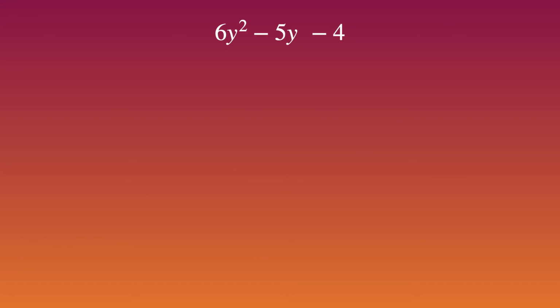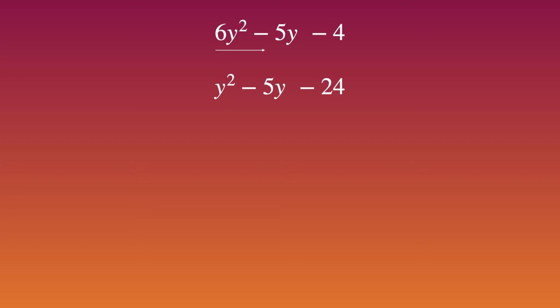Let's do one more. Alright, so I have here 6y squared minus 5y minus 4, and I'm going to slide the 6 over to 4, and I'm going to get y squared minus 5y minus 24. Now if I were you, I would draw that sliding arrow so that you know what's going on.